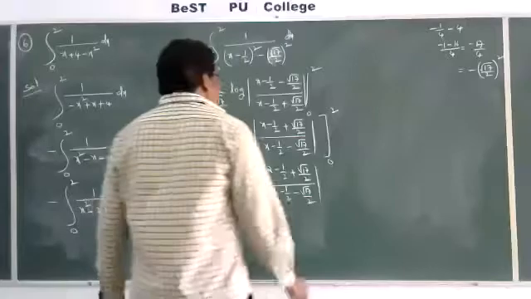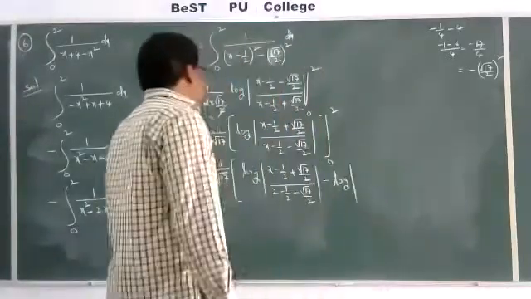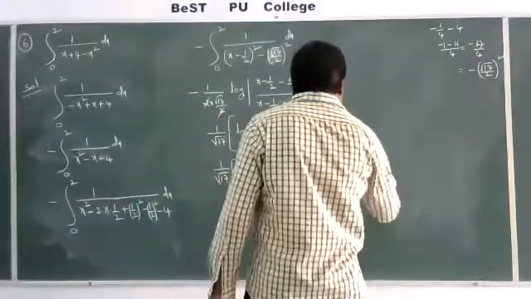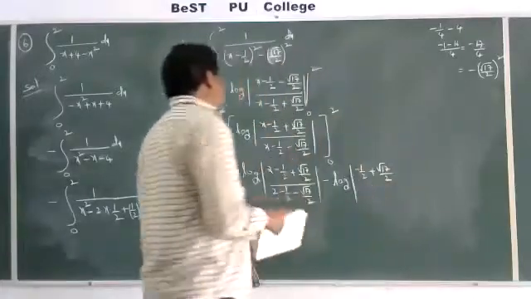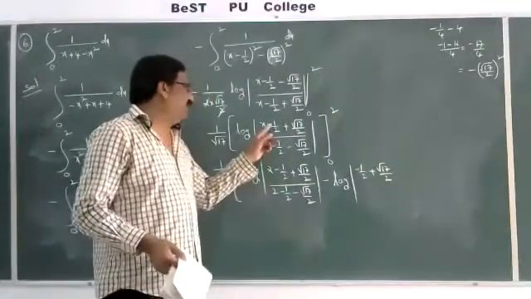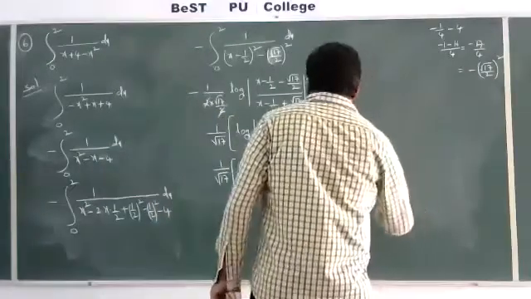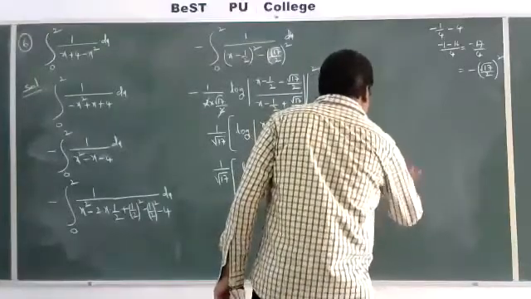This is upper limit minus lower limit. Logarithm of mod, we substitute the lower limit 0 here: minus 1 by 2 plus root 17 by 2 by minus 1 by 2 minus root 17 by 2.